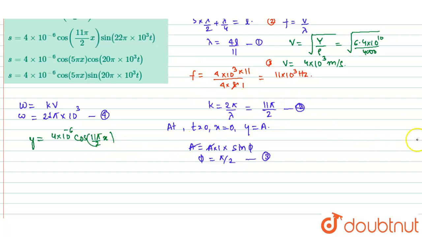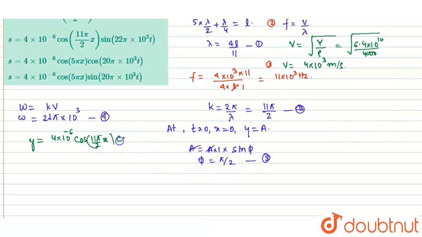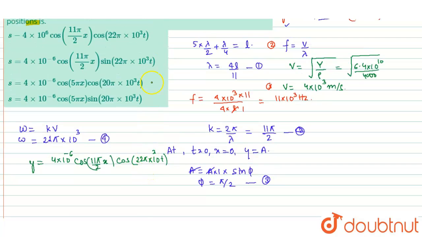You can see that omega t plus phi, with phi simply pi by 2, so this will be cos omega t. And omega we have found out to be 22 pi into 10 to the power 3, so 22 pi into 10 to the power 3 t. Now if we match the options, this will be the correct option.